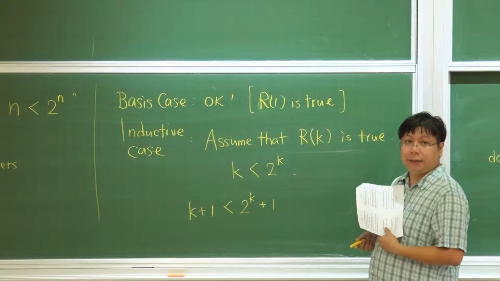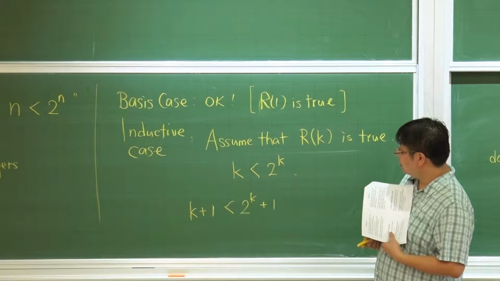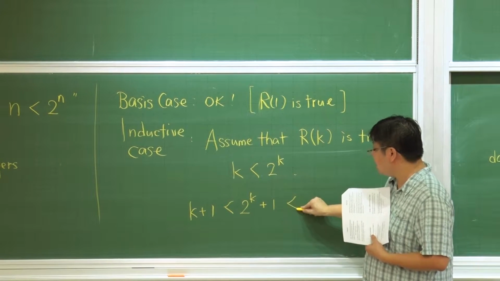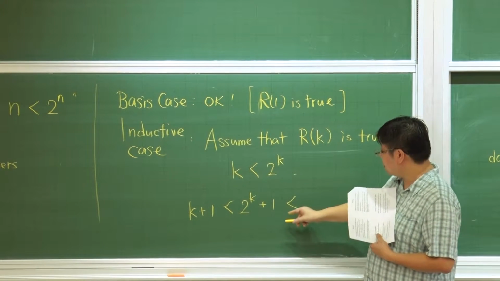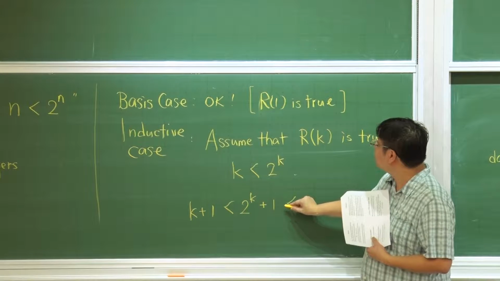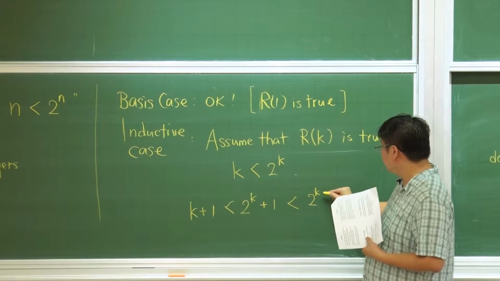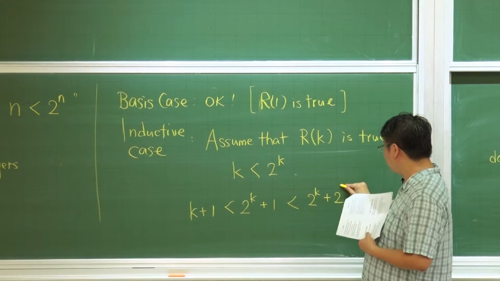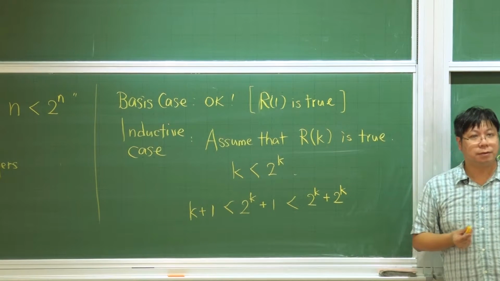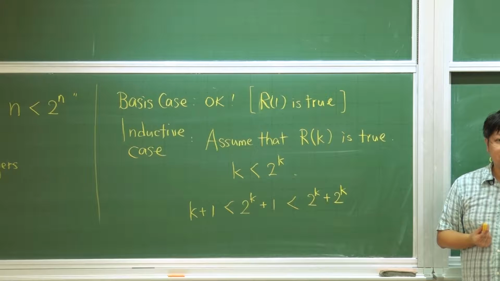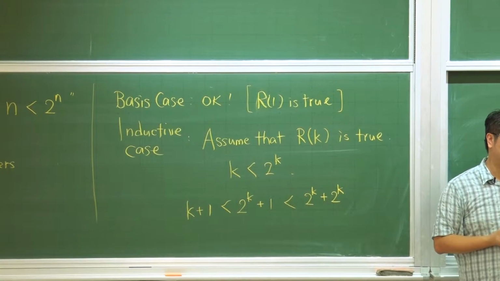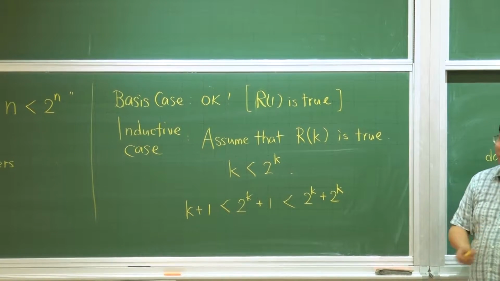We can say that this is less than 2 to the power k plus 2 to the power k. Does that make sense?